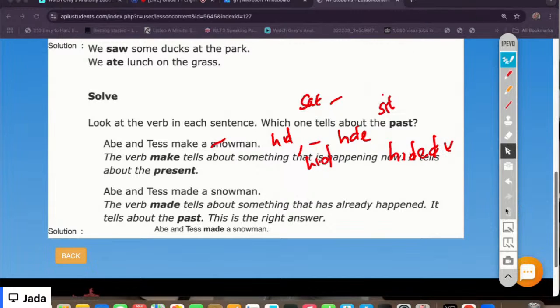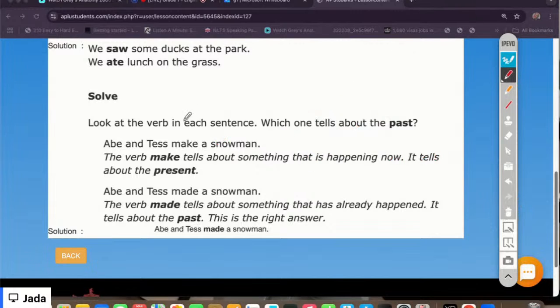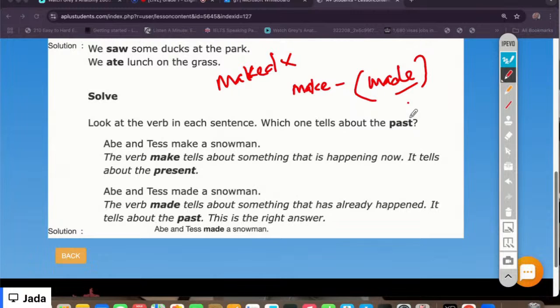So we have make. Abe and Tess make a snowman. So now the irregular past of make will be what? Made. We don't say maked. No, it is wrong. That's why we have made as the irregular past. So made. Okay.